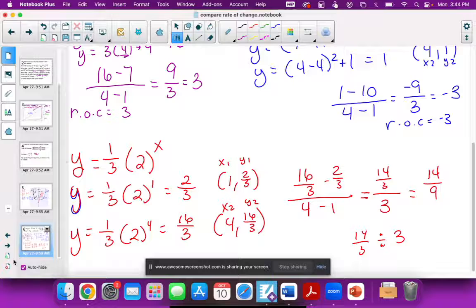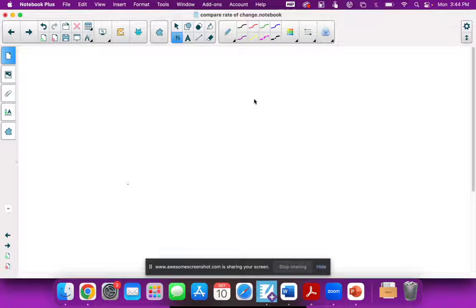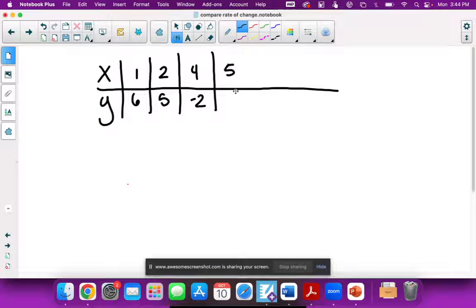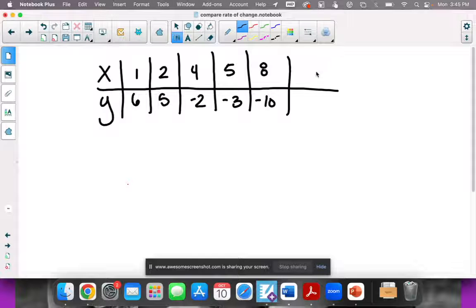Want to give you a quick example of what it would look like on a table, just so that there is no confusion. Okay, so any values, doesn't matter. We're just substituting them in right now.